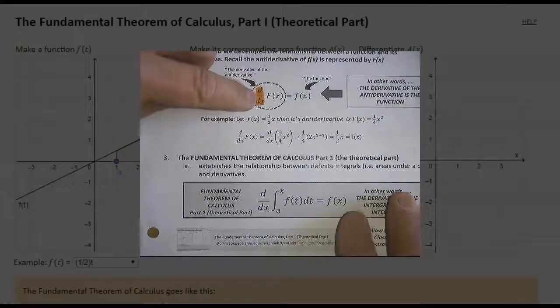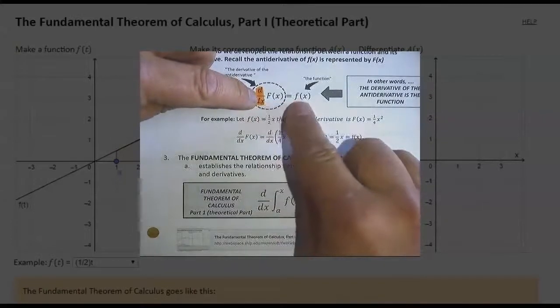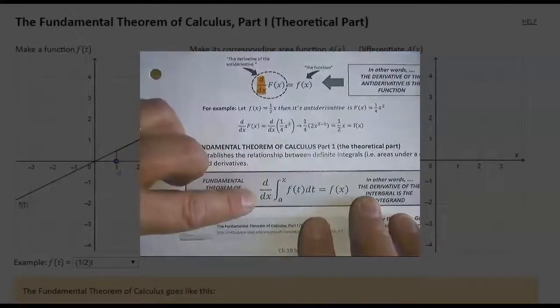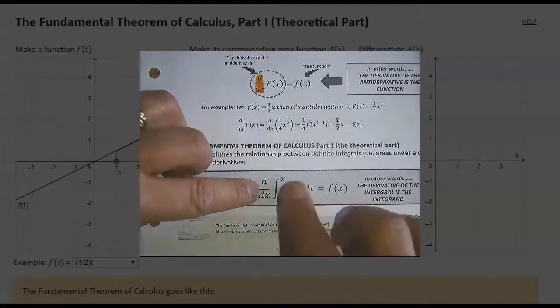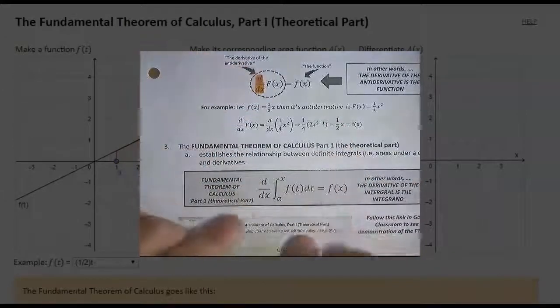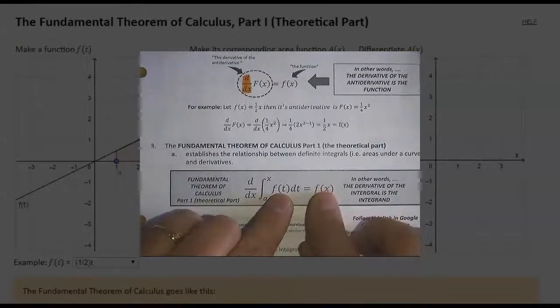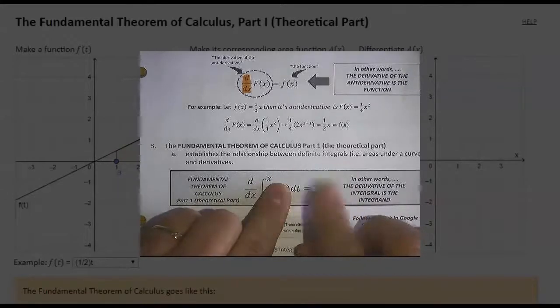The derivative of the antiderivative is the function. The derivative of the integral is the function. See, it's the same idea. So it's showing a relationship between integrals and the original function. If you take the derivative of your integral, you're going to get the original function.